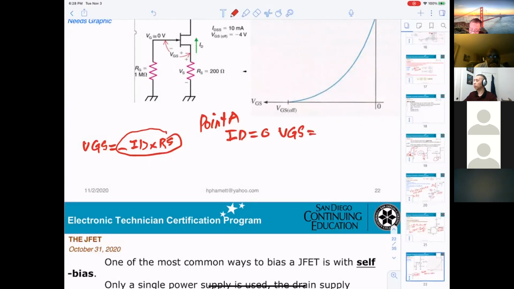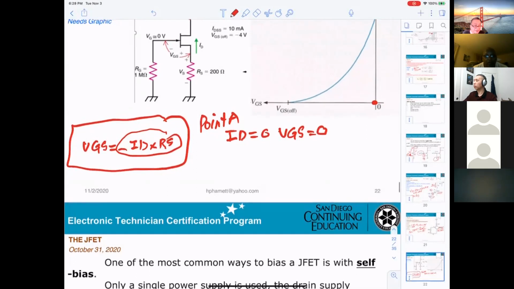Now right here, on this formula, VGS off is not 0. We're not talking about VGS off, we're talking about the equation VGS equals minus ID times RS.